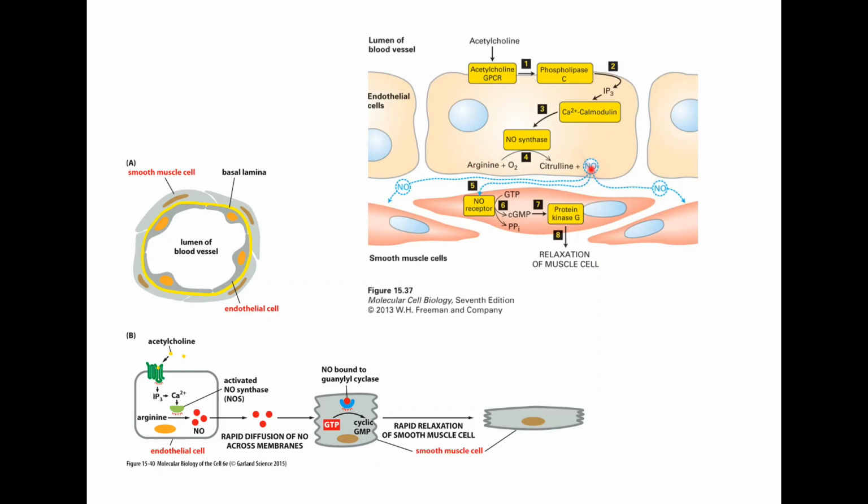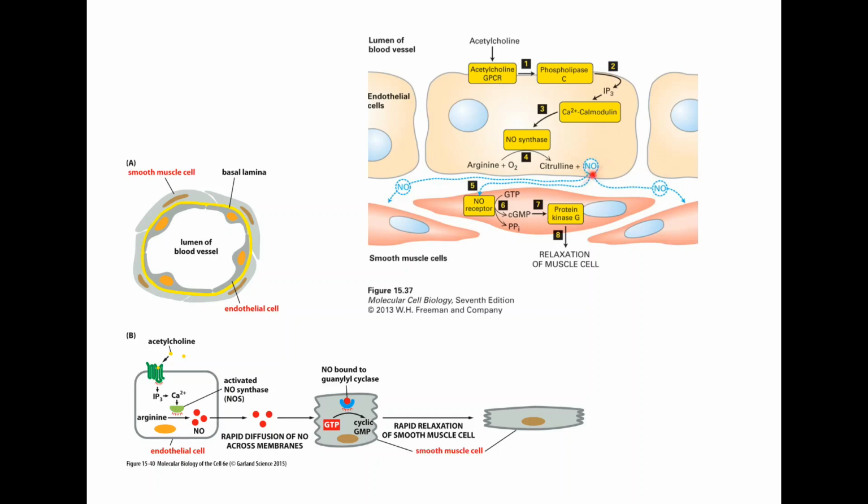NO serves as a second messenger, third messenger maybe, if you consider calcium the second messenger in signal transduction cascades. And by virtue of being a gas, it can essentially go anywhere really fast, but it doesn't go very far. So it's a great way to make short-range, very rapid responses, or to control those responses.